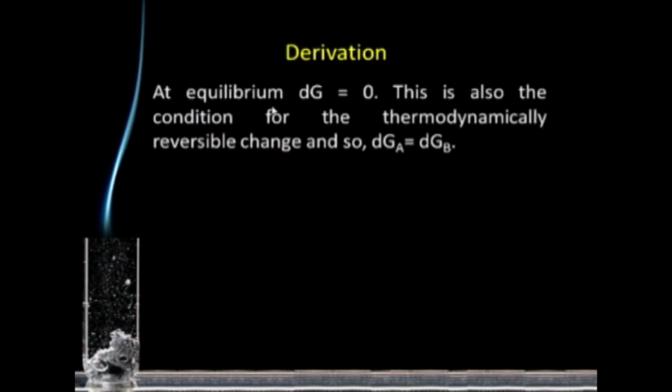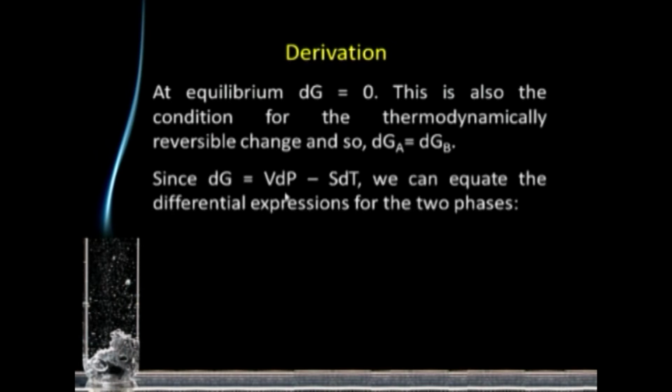Equal amounts of a given substance must have the same free energy in the two phases at equilibrium with each other. At equilibrium, dG is equal to 0. This is also the condition for the thermodynamically reversible change. So, dGA is equal to dGB.